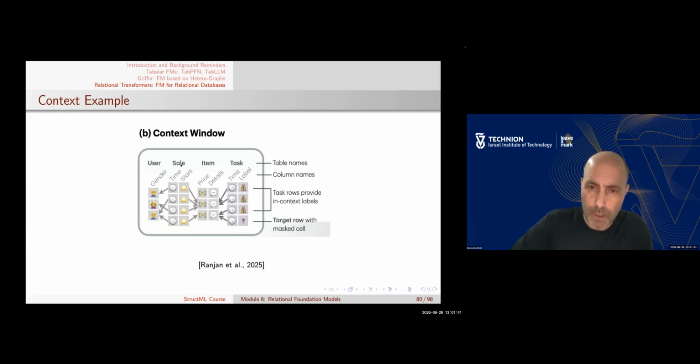Now, they make sure to identify here, for later use, the table names, the column names, the task rows in context labels. And this is the target row. This is a masked cell. These are going to be the tasks on which you are going to do the pre-training.